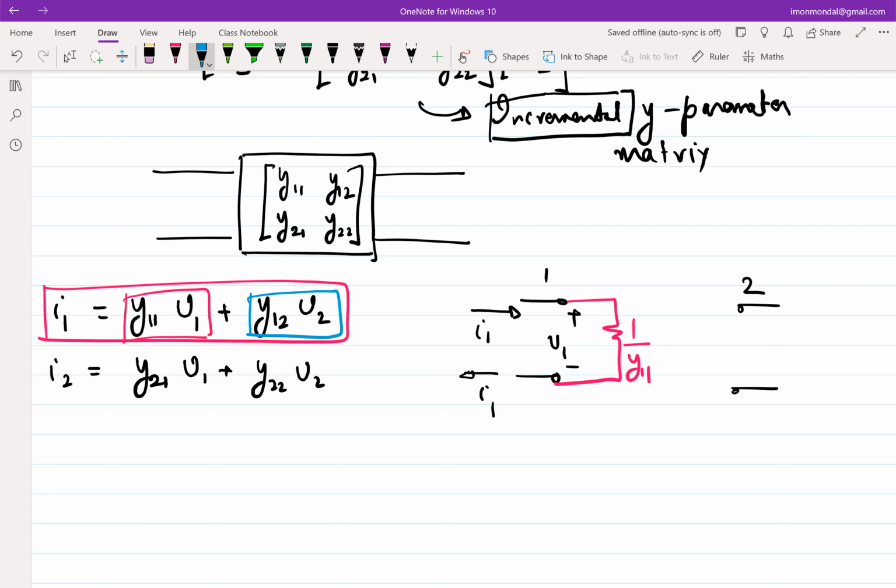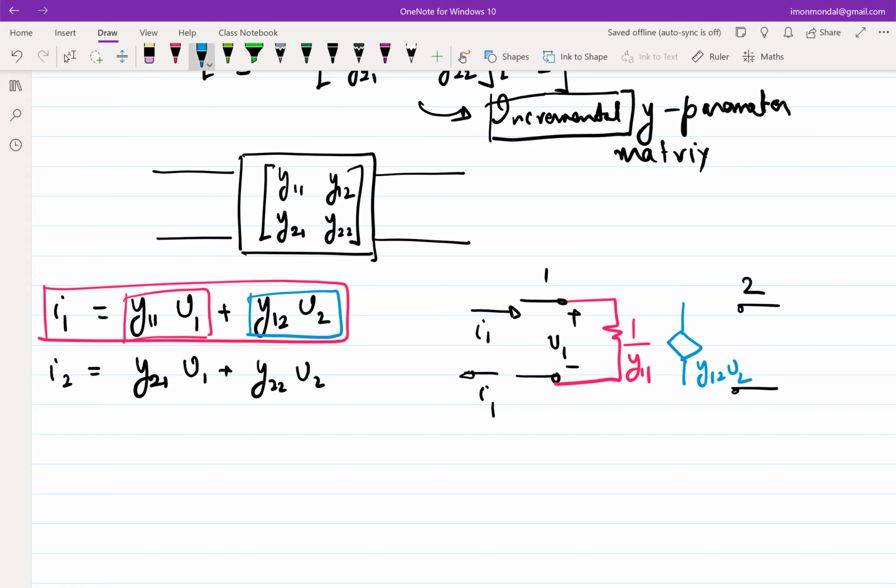It's a transconductance, a voltage dependent current source. The current that I am drawing through port 1 is dependent on the voltage of somewhere else. If the current is only dependent on the voltage of that port, it's a resistor or a conductance. If it's dependent on a voltage of some other port, it's a transconductance. So in this case, this will be a transconductance of value Y12 V2.